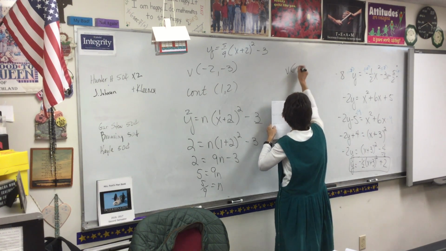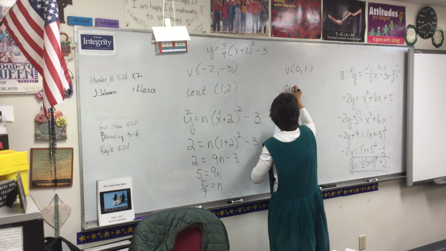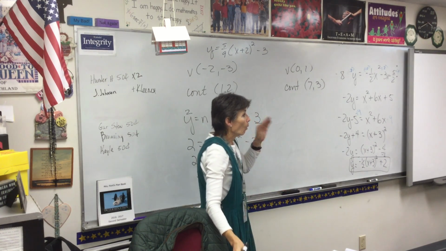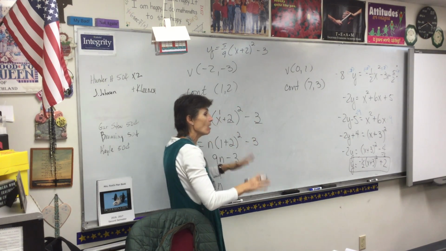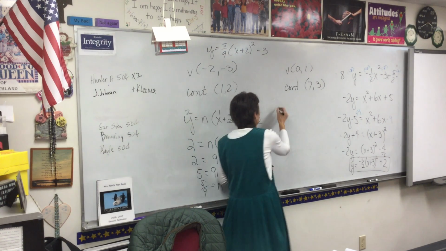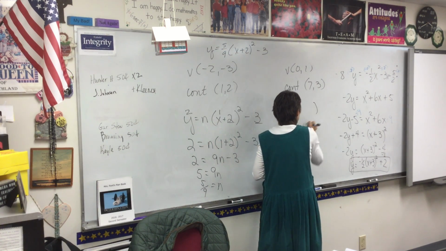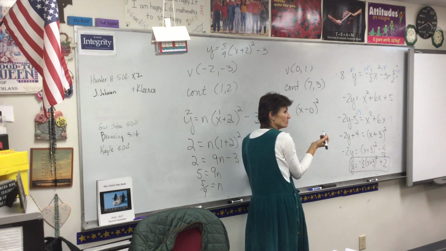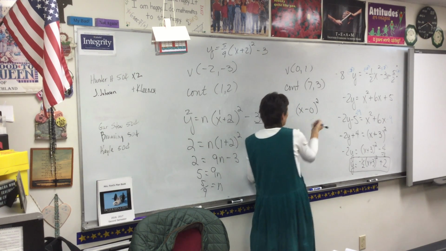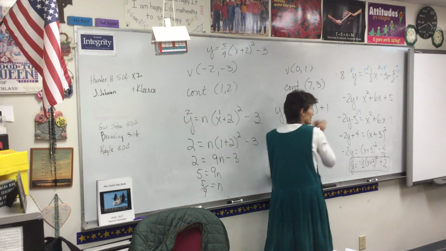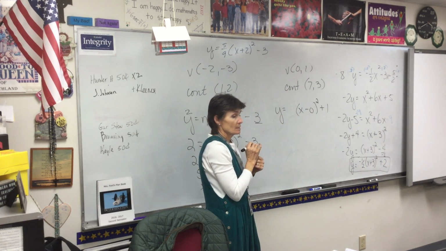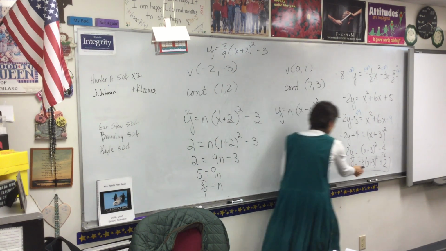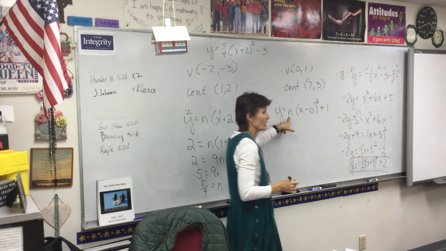So we have a vertex at 0, 1, and we contain the point 7, 3. What does the vertex tell me about my equation? Y equals, what's in the parentheses? X minus 0. And then on the end would have to be plus 1. Everybody okay with that? Now the only thing I don't know is what is this coefficient out here in front?